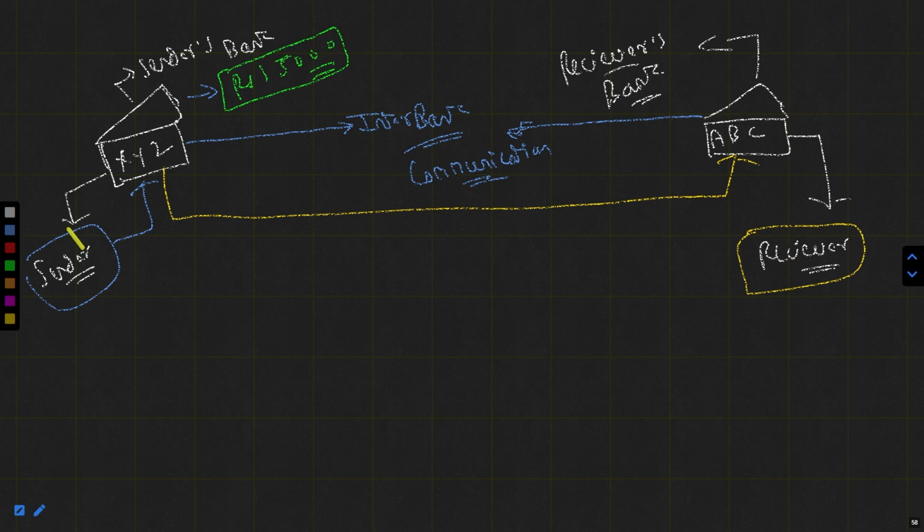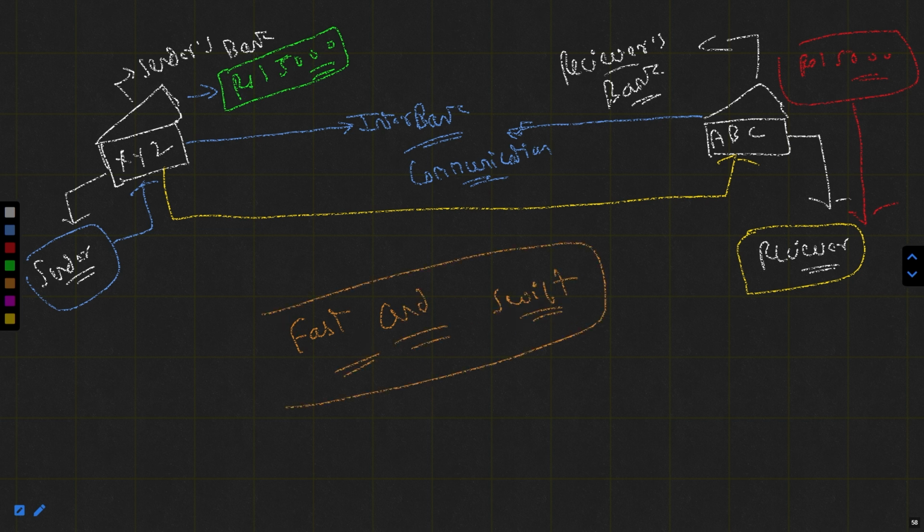Once ABC receives the communication that rupees 15,000 has to be credited to one of its account holders, it will utilize the account number, check the IFSC code for the branch, and then the amount will be transferred to the receiver immediately. This process is fast and swift.